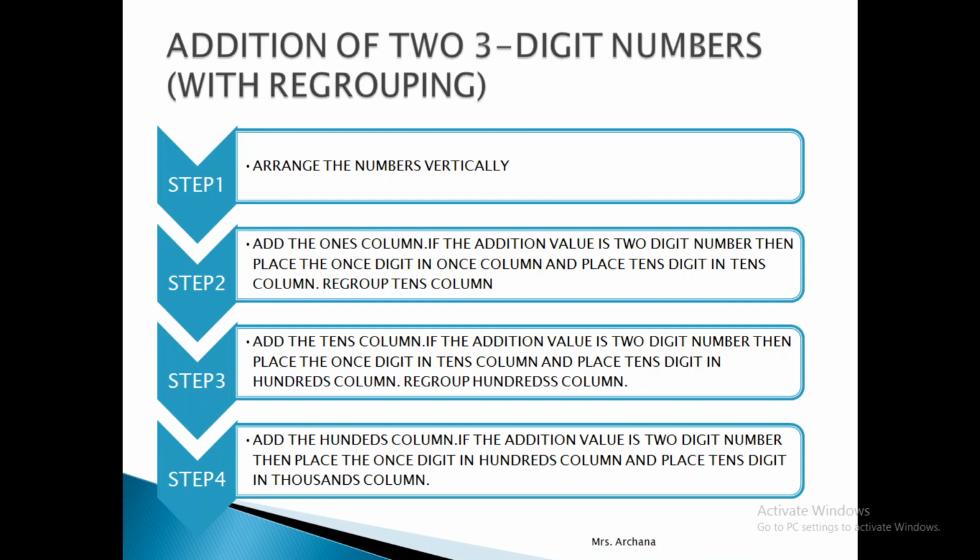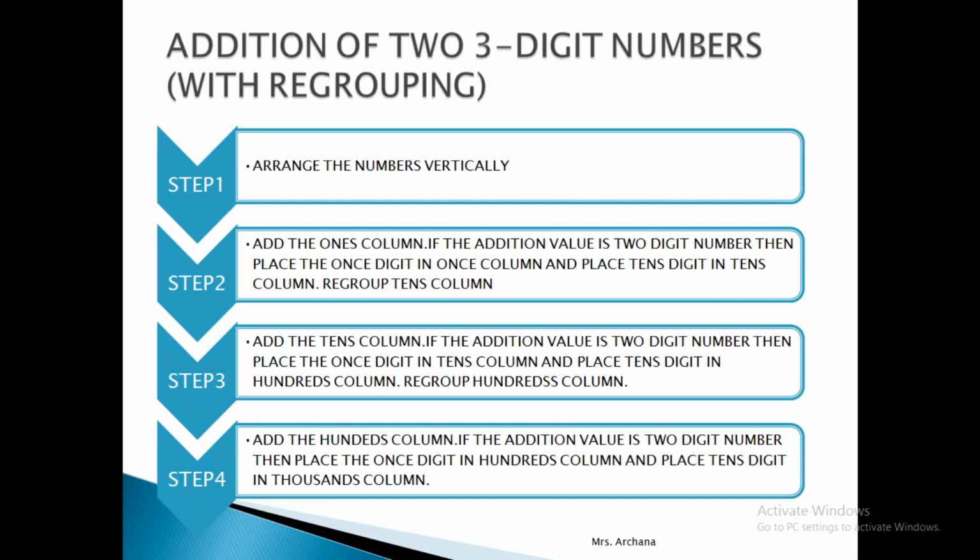The steps are: arrange the numbers vertically, add the ones column. If the addition value is a 2-digit number, then place the ones digit in the ones column and place the tens digit in the tens column.